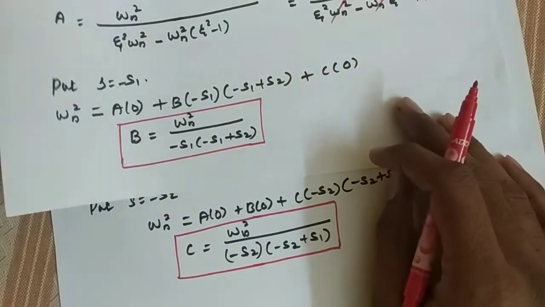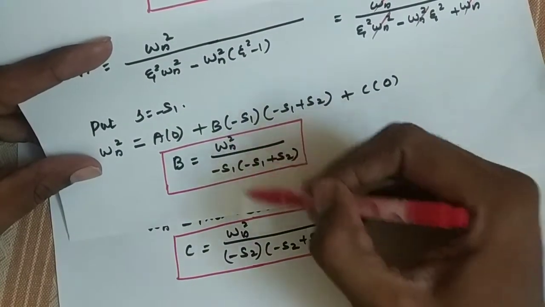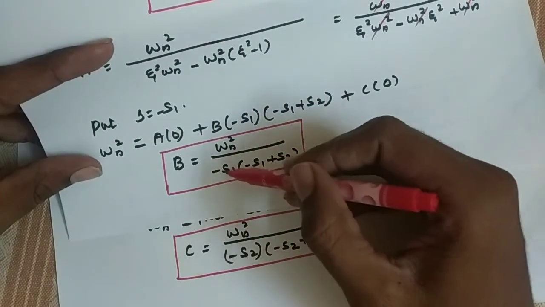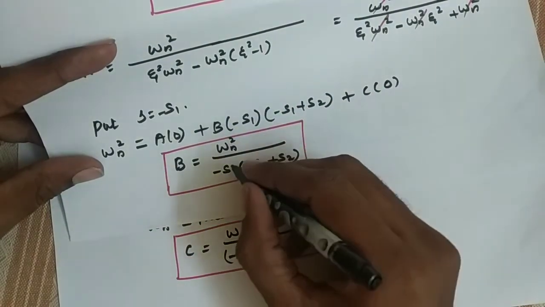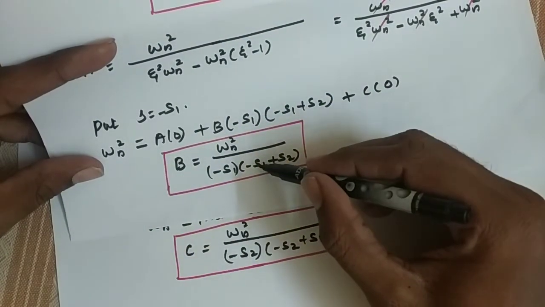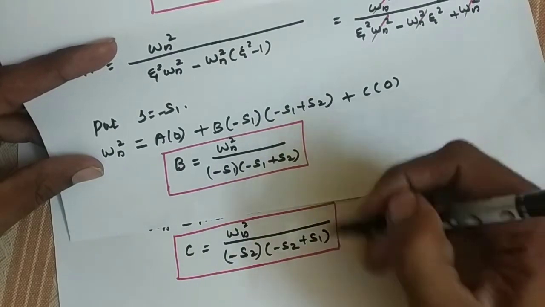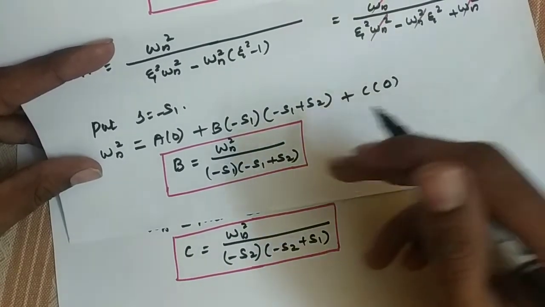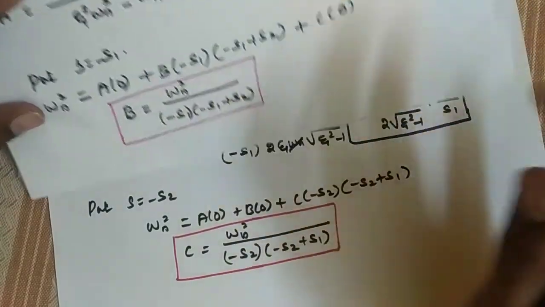Kindly compare these two equations: omega n square, minus S1 minus S2, and minus S2 plus S1.